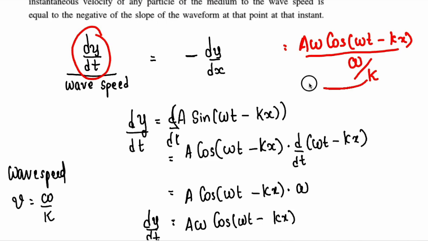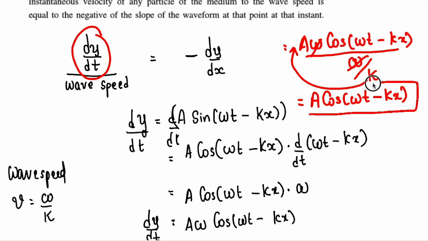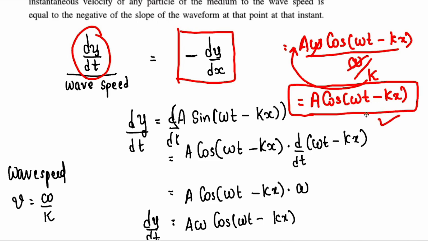So we can take this k upward, omega cancels out, and in the final LHS equation we get a k cos(omega t minus kx). Now our RHS should be equal to a k cos(omega t minus kx).